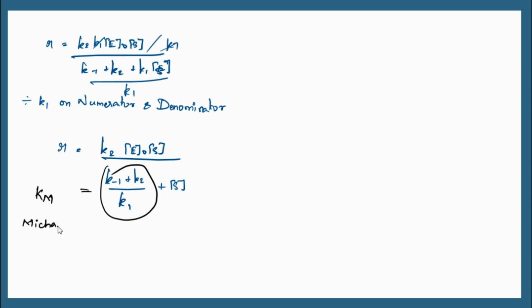This is nothing but your Km, the Michaelis Menten constant. So if you write, the rate will be equal to k2 concentration of E naught concentration of S by Km plus concentration of S, okay.